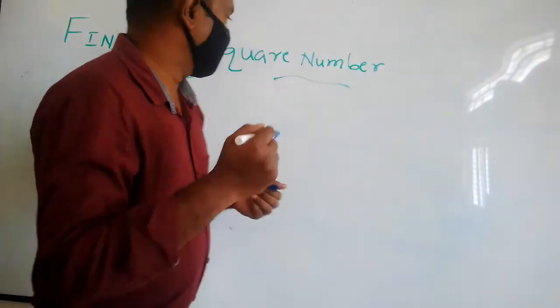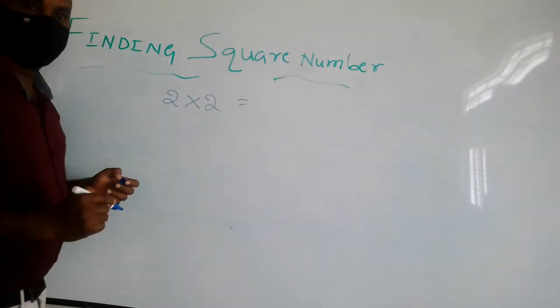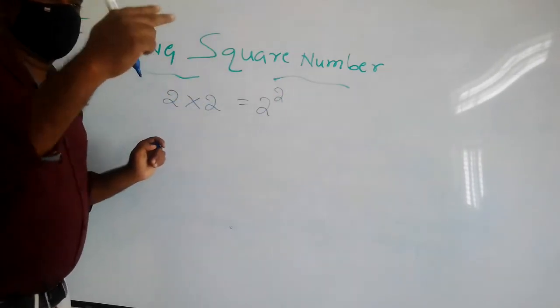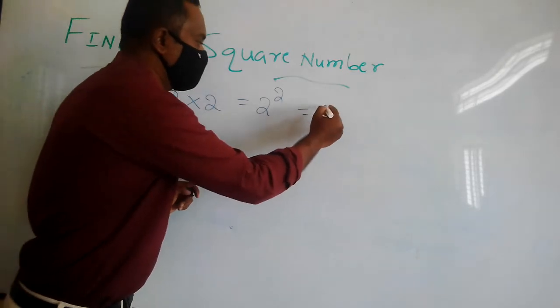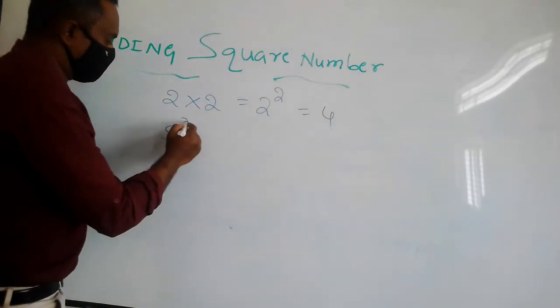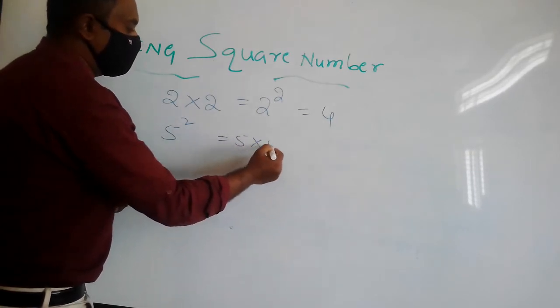Clear? For example, 2 into 2. 2 square: 2 ones are 2, 2 twos are 4. It seems very easy. Next, 5 square, 5 into 5.